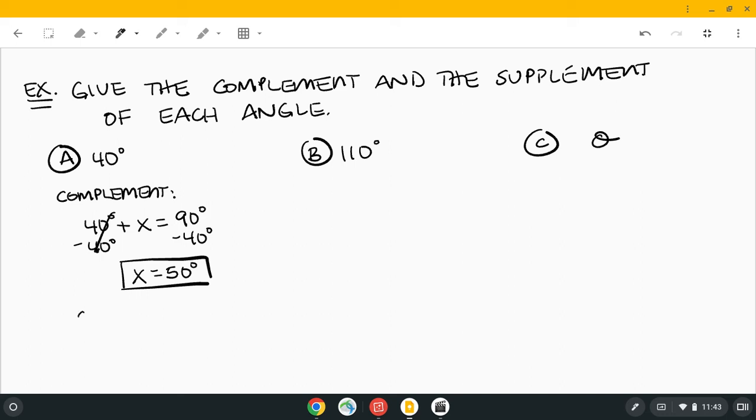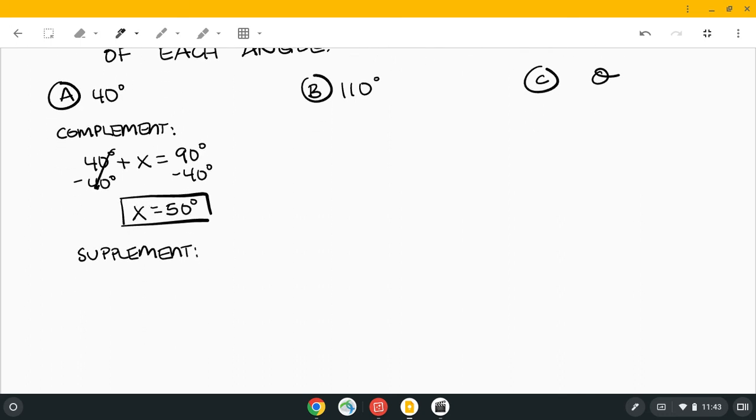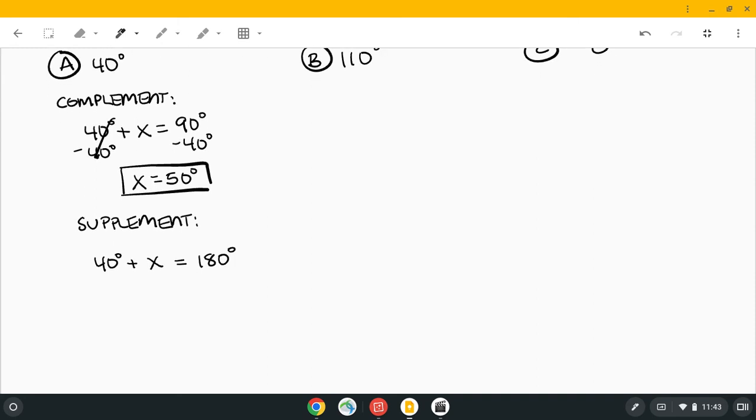We can do something similar for the supplement, but instead of setting it equal to 90, we do 40 plus something equals 180. Here x represents the supplement to 40. So let's solve for x by subtracting 40 on both sides.